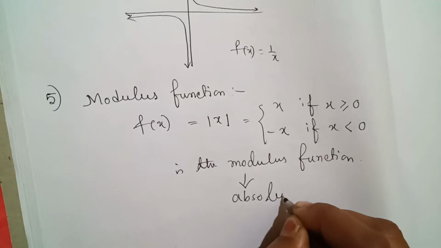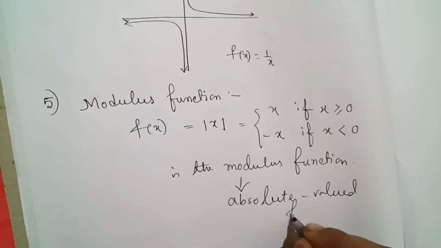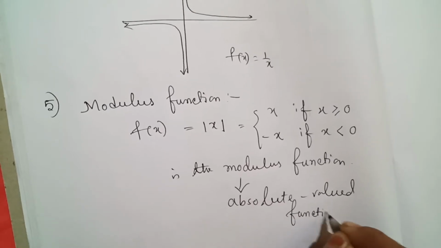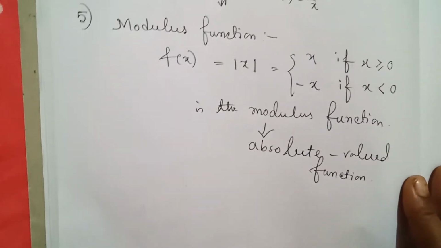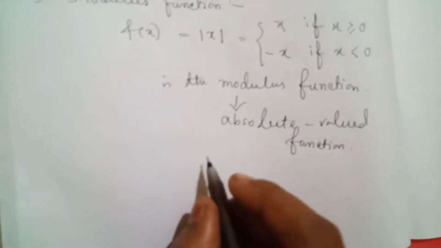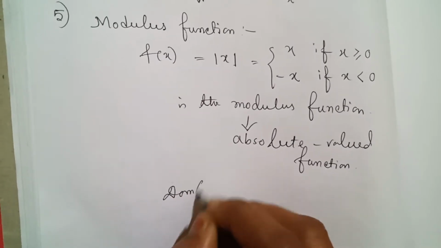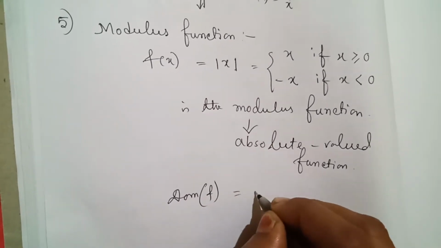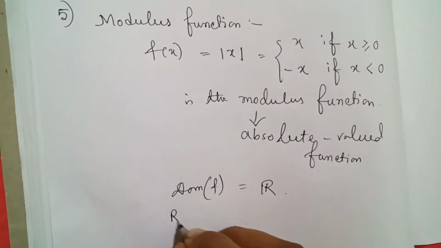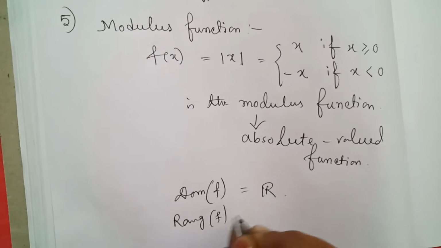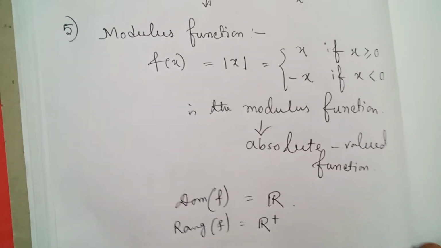Okay, we can call it an absolute valued function. Now this function's domain is: the domain of f is R and the range of f is R plus.